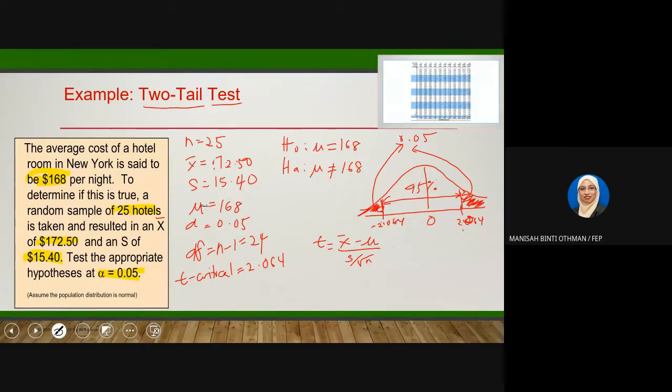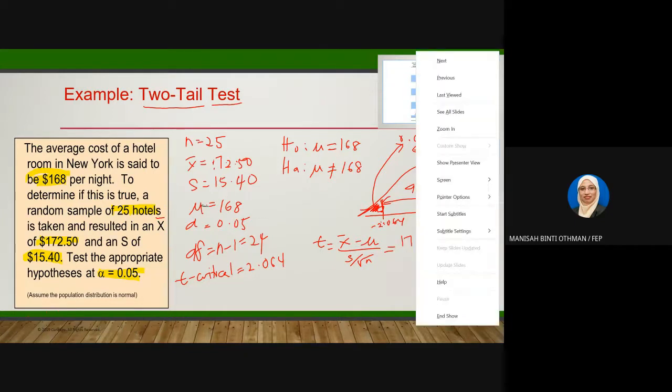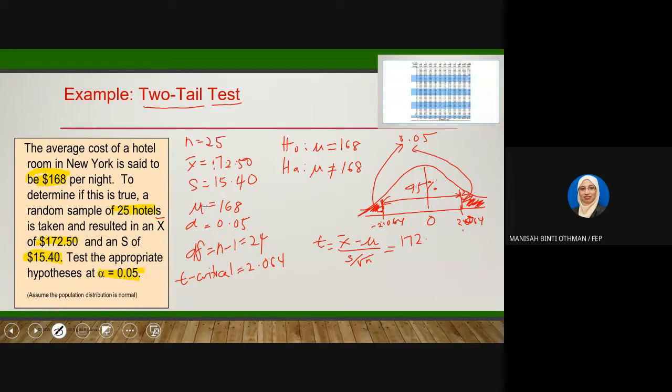So x bar is 172.5 minus mu, which is 168, divided by s, which is 15.4, divided by square root 25. Get the value.